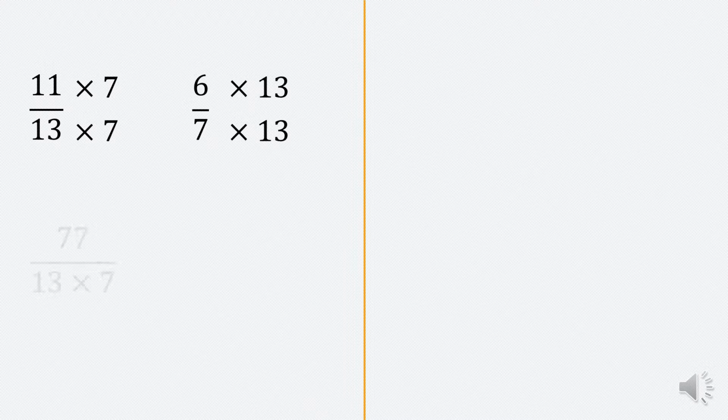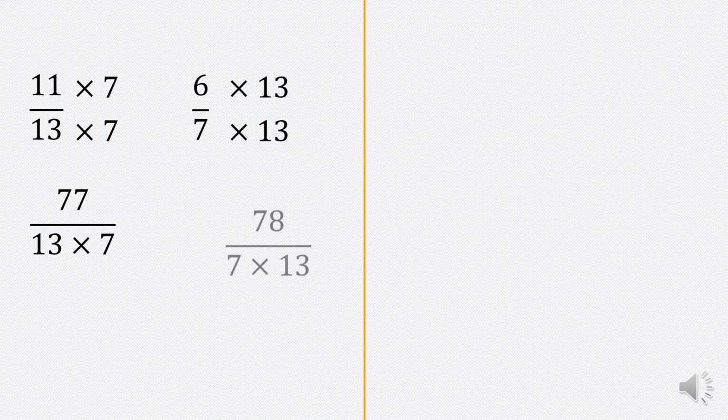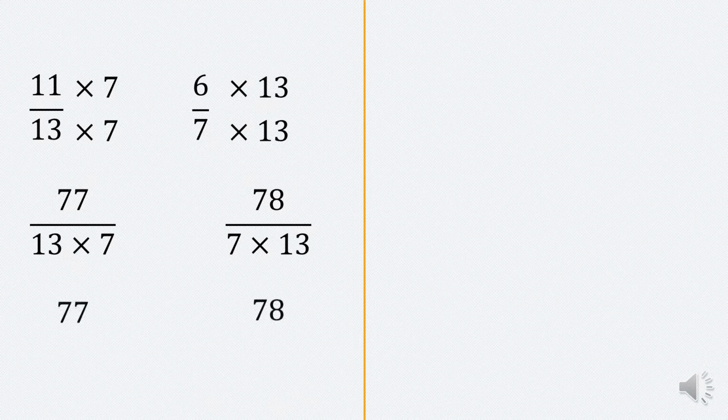Let's multiply 11 over 13 by 7 over 7, and then 6 over 7 by 13 over 13. So what happens is that we have 77 over 13 times 7, and then 78 over 13 times 7. Now they have the same denominators, so all we have to do is compare the numerators. We are comparing 78 to 77. The bigger one is 78, so that's the bigger fraction.